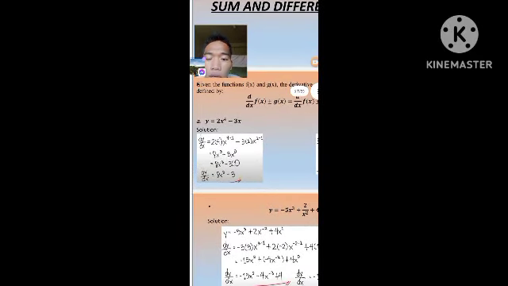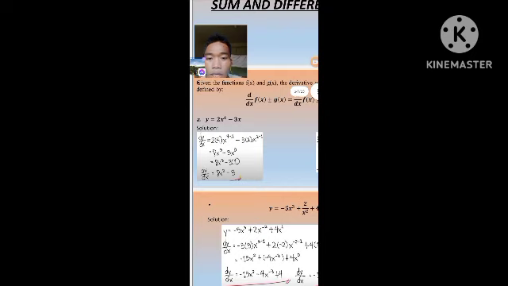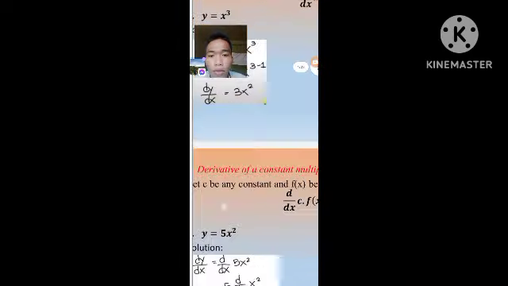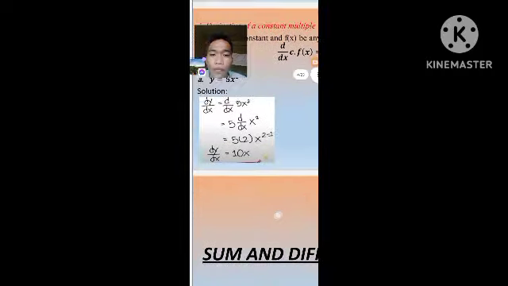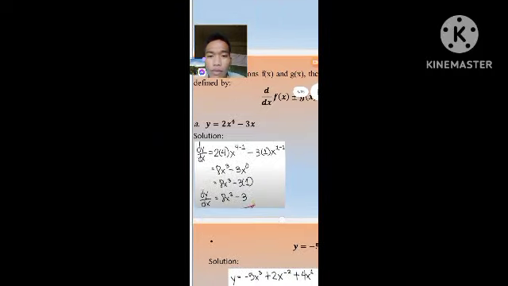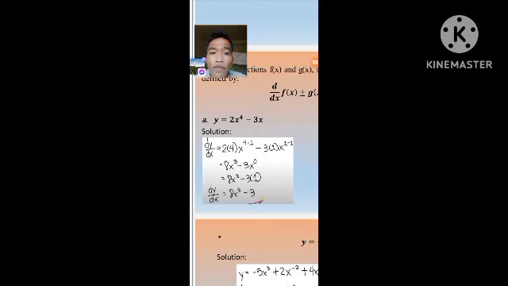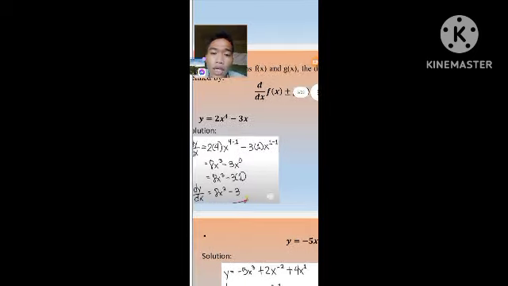Our f of x is simplified by putting the n before the x, n x raised to the power of n minus 1. So 2 times 4x raised to the power of 4 minus 1, minus 3 times 1.